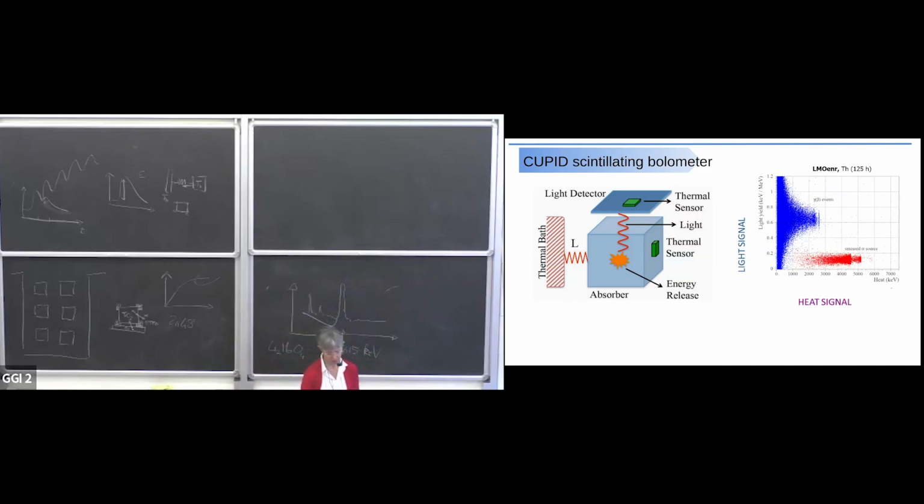In this plot, what you see is the height of the light signal that you record over here, and the height of the heat signal that you see over here.